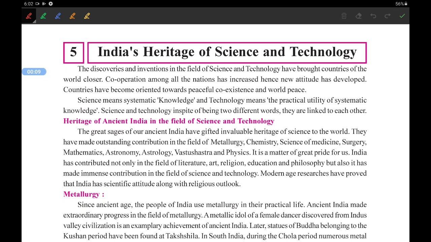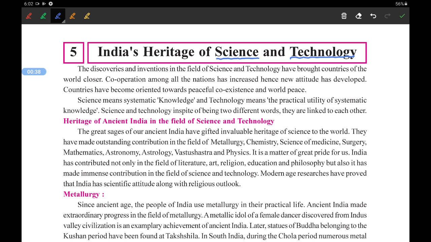Today we are going to start chapter number 5, that is India's heritage of science and technology. In the previous chapters we have already studied about various factors related to the heritage of India in various fields. Today we are going to study about the heritage of India, especially in science and technology.